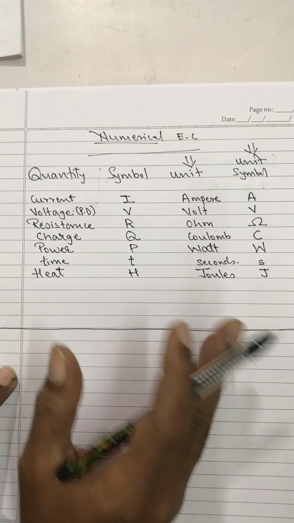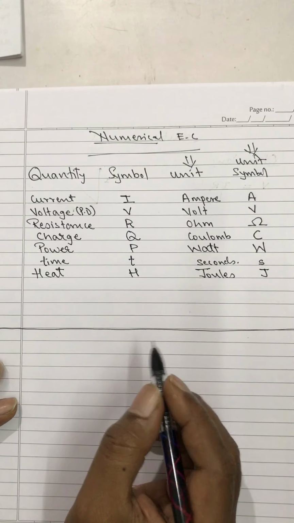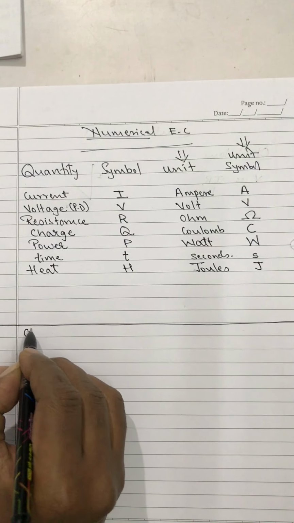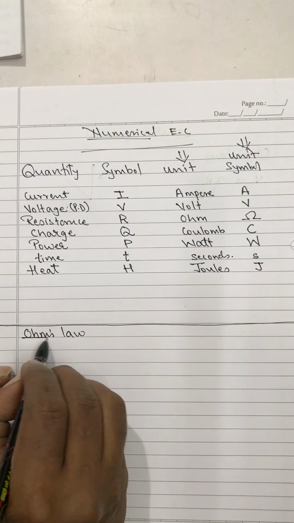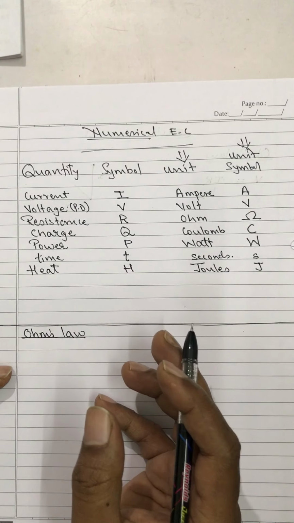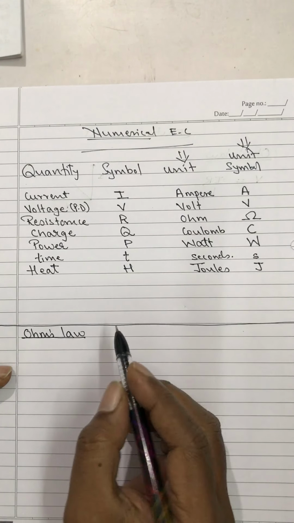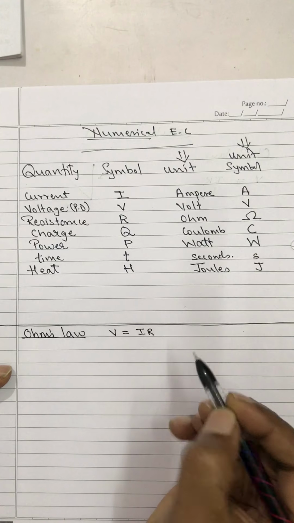And then, of course, the formulas. You have to know the formulas by heart. The most important formula is Ohm's law. I hope you know this Ohm's law topic itself is very important, the statement of Ohm's law, and then the formula for Ohm's law, which says V is equal to IR.